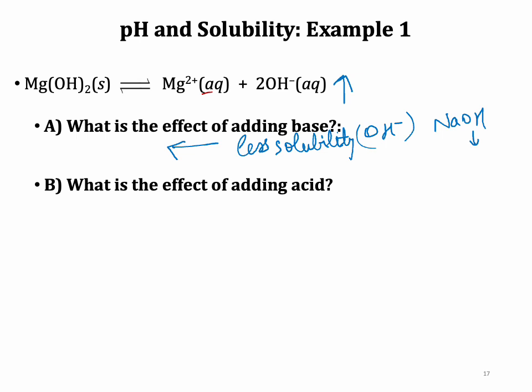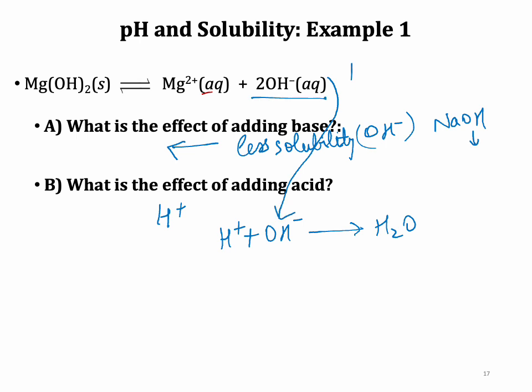What is the effect of adding acid? If we add acid into it, acid is proton. Protons like to react with hydroxide, so proton and OH minus will react and will make water, which means to this equation, what we are doing is we are getting rid of the hydroxide, because the hydroxide that is interacting here comes from the hydroxide here, which means I'm reducing hydroxide ion concentration.